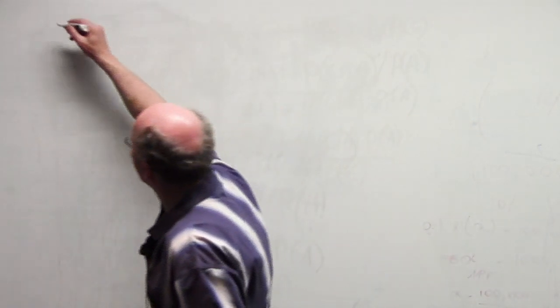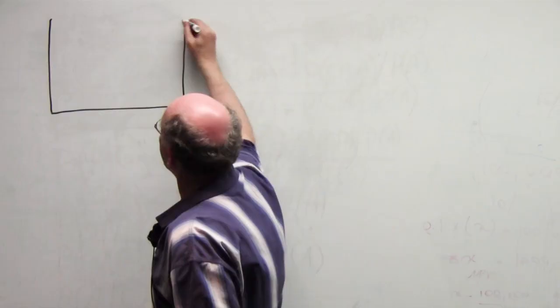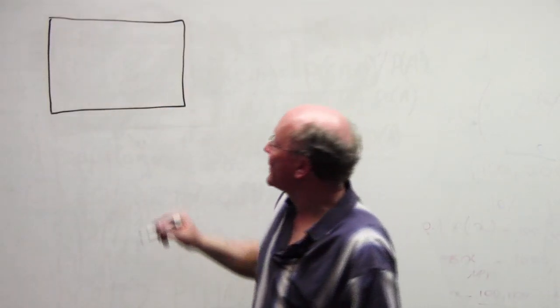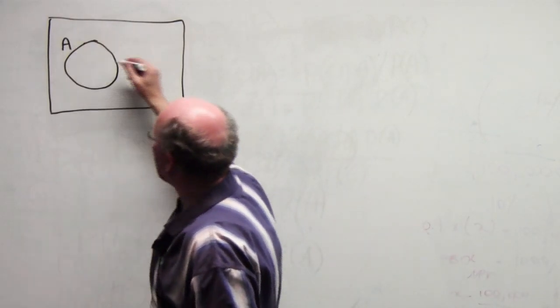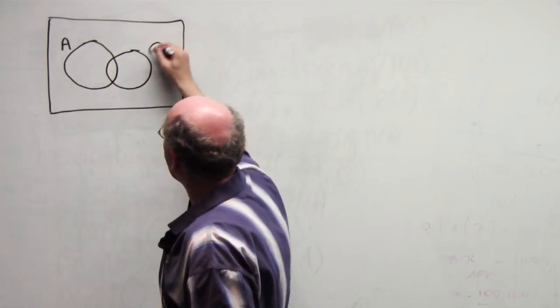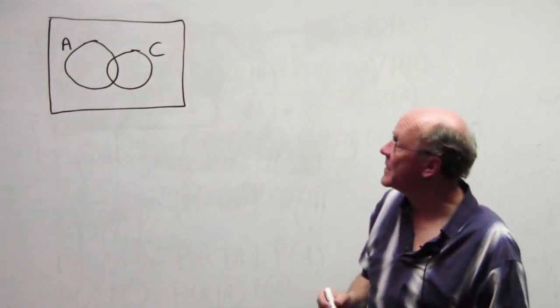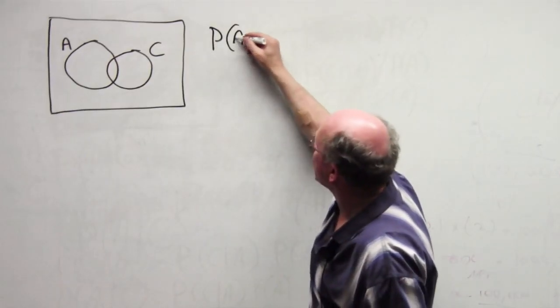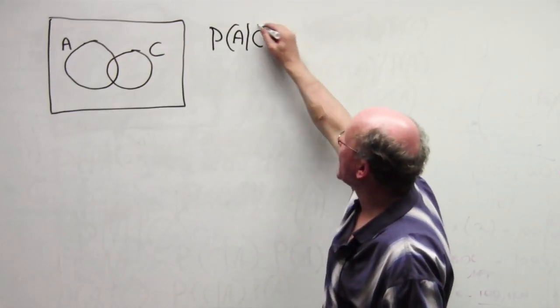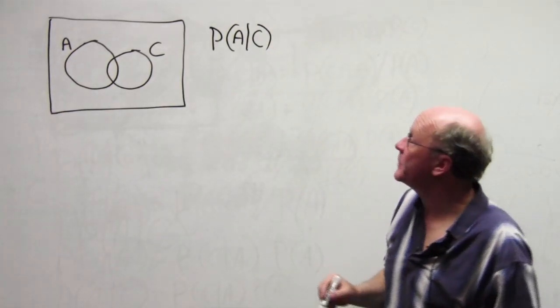Let's start with the Venn diagram, including all the relevant data. We have event A here and event C here. We want the probability that event A occurs given that we have critical precip in the study plot.